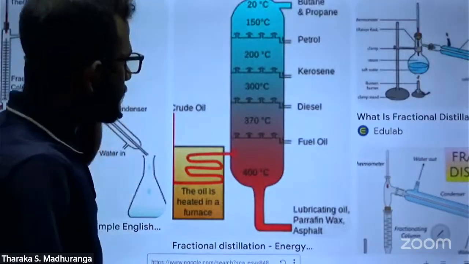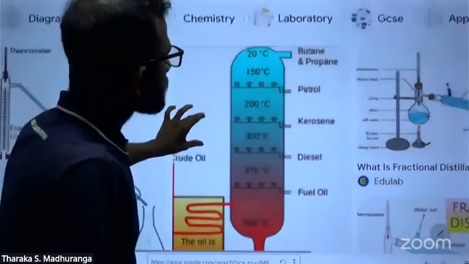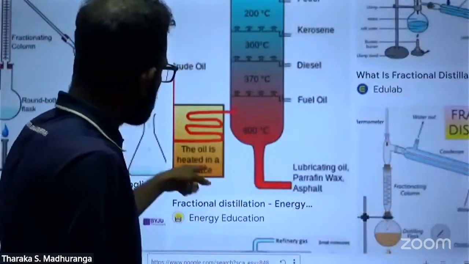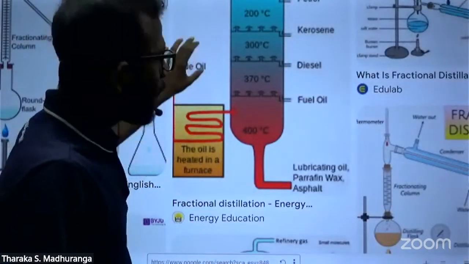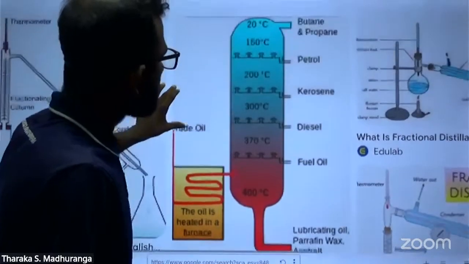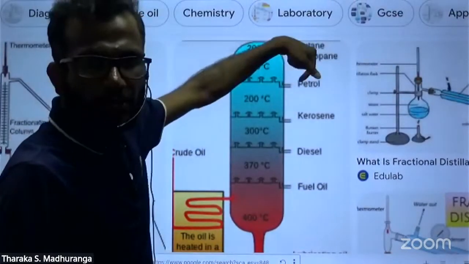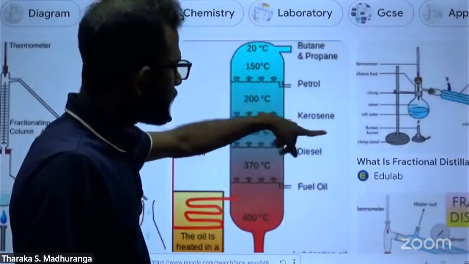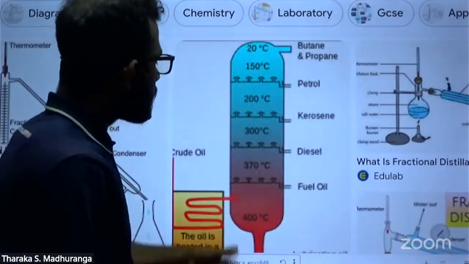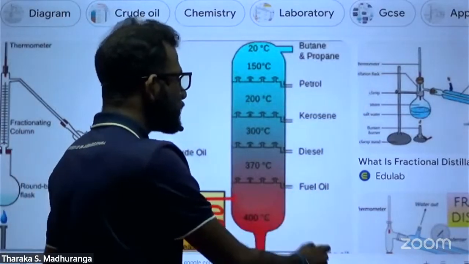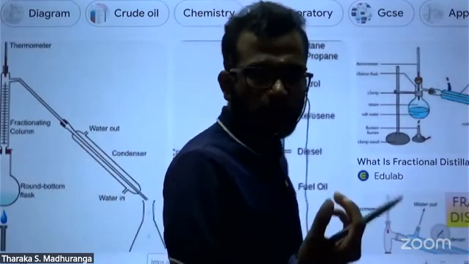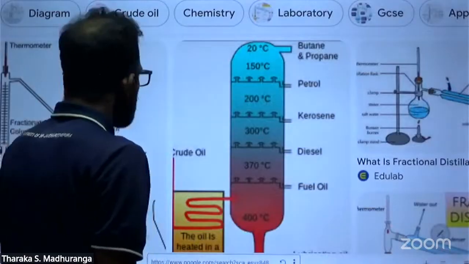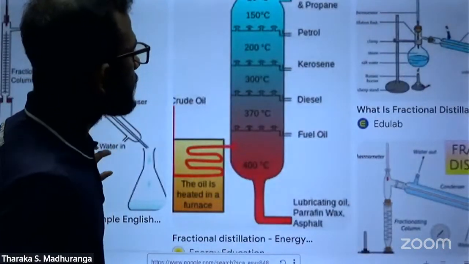You can see this is crude oil, the source, and from it you can separate butane, propane, that means gas, then petrol, kerosene, diesel, and fuel oil. Finally, the remaining is the grease.